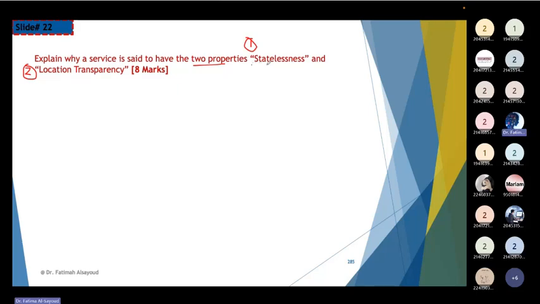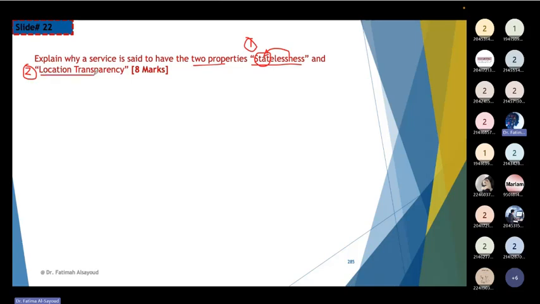What does this mean? Statelessness. That means the state is not tied to the previous state. So whatever you requested previously, it's not going to affect the next one. So this is what the first one means. Location transparency, it's clear.